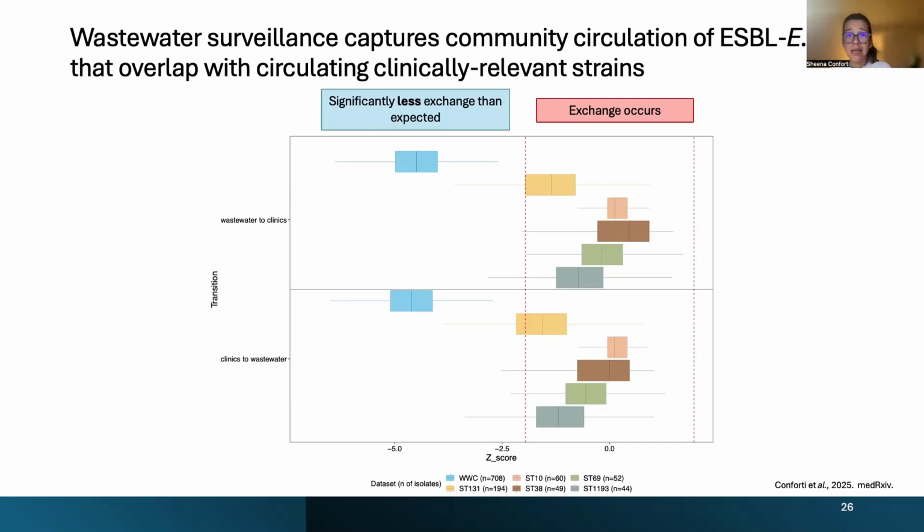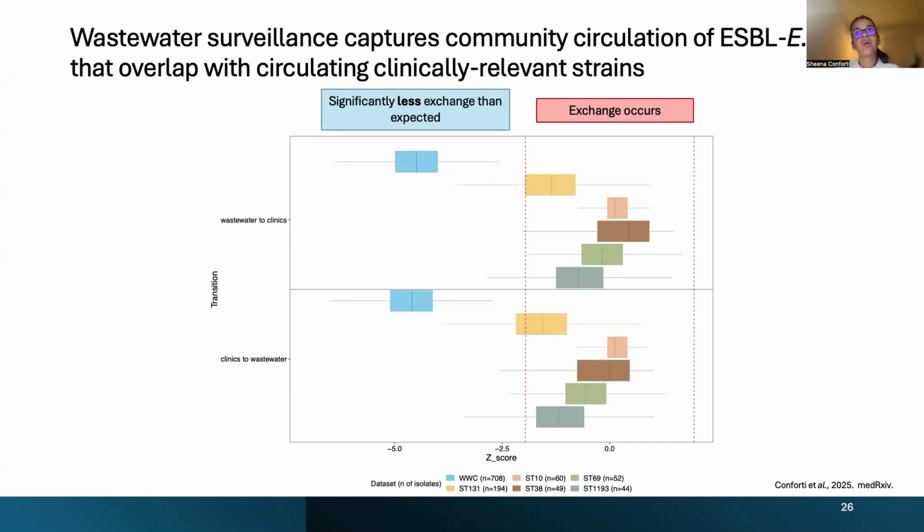However, on the right side, we have subsets of our ESBL E. coli, and each color represents a clinically relevant E. coli strain, so those that are actually causing the majority of infection for ESBL E. coli, and so that they are associated with people and are not just out there in the environment.